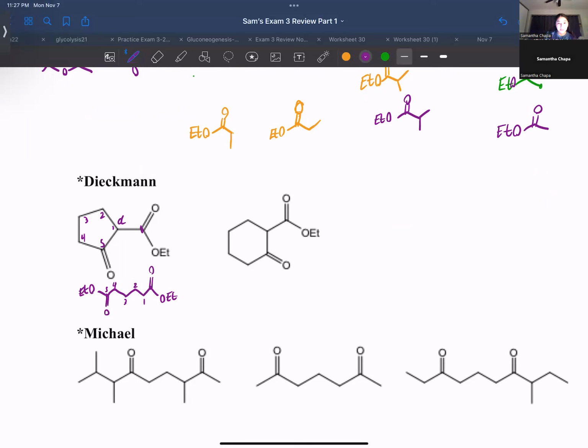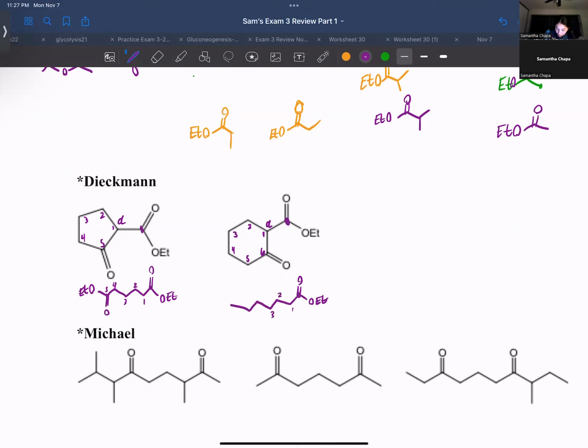So then we're going to do the same thing with the one on the right. Identify your alpha carbon, which is this one right here. I'm going to start my numbering from that. So 1, 2, 3, 4, 5, 6. Write this so I can have a starting point for myself. I'm going to start my count. 1, 2, 3, 4, 5, 6.